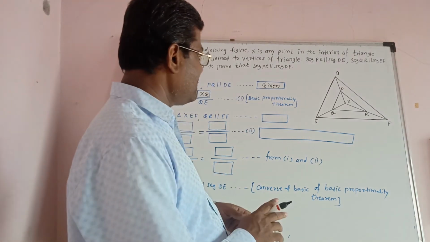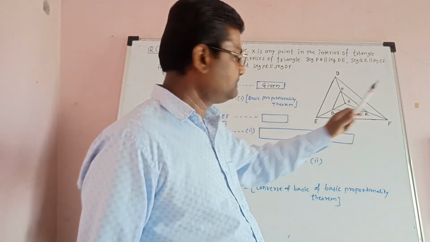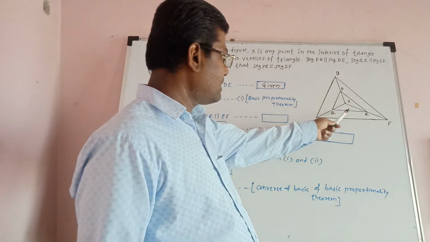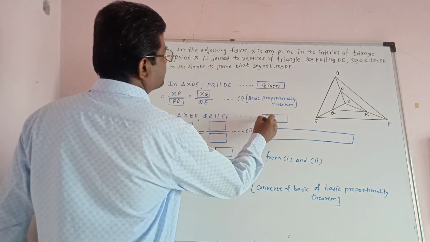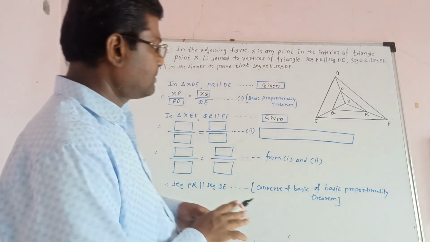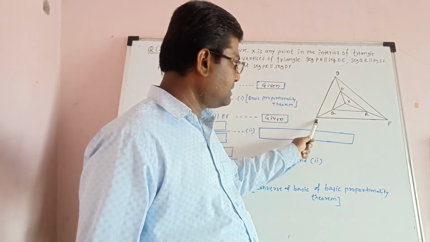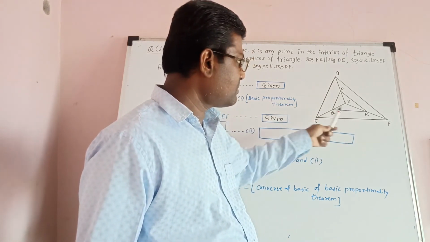Now in triangle XEF, QR parallel to EF. This is also given. And now in triangle XEF, QR parallel to EF, we use basic proportionality theorem.